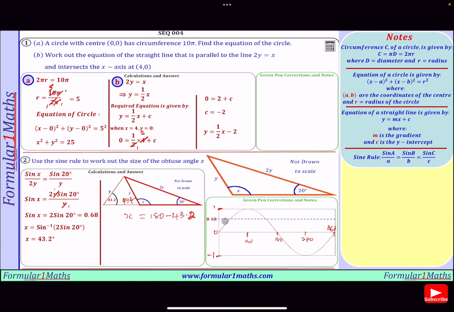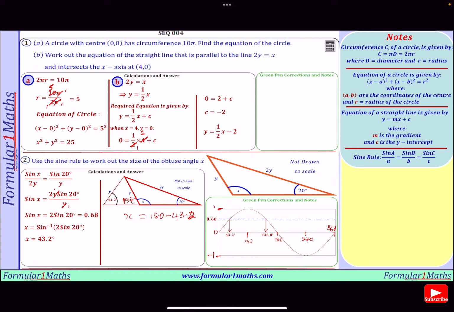Now, where this line intersects the curve are the solutions to this equation. So the first point will be 43.2. And by symmetry, this point here will be 180 minus 43.2. And so we get 136.8.